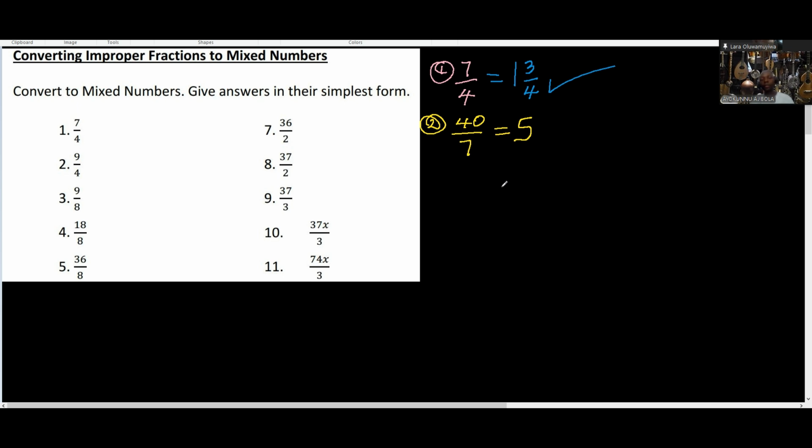I said we stop at 7 times 5, which is 35. Now remove 35 from 40. What do you have? Count down from 40.